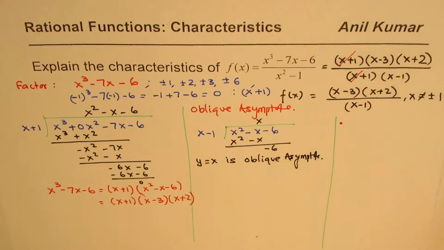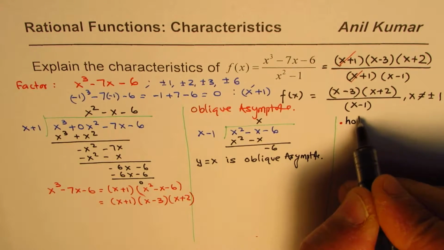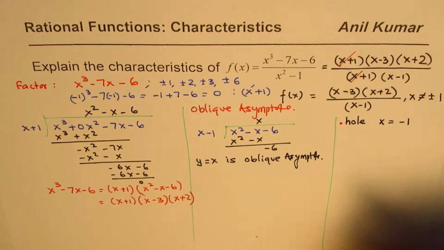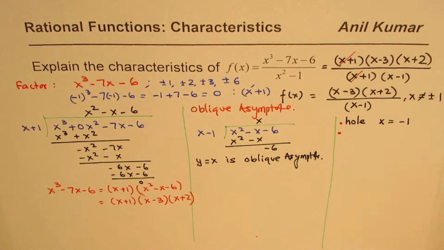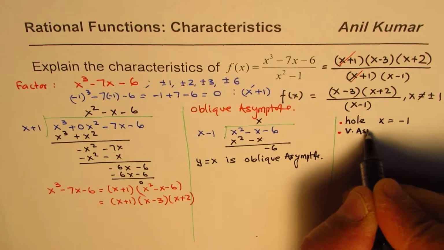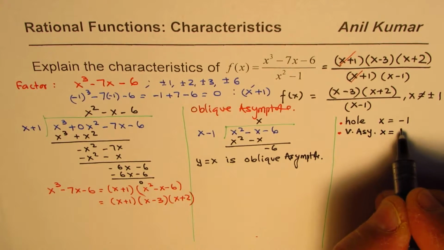Starting from the very beginning, we find that we have a hole at x equals minus 1, right? And then we have a vertical asymptote at x equals plus 1.